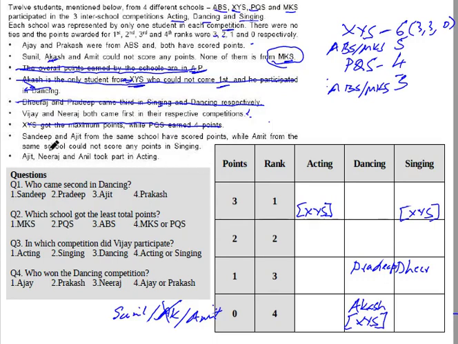Sandeep and Ajit are from the same school and have scored points, while Amit is from the same school and did not score any points in singing. So these 3 are from the same school, and they scored points, while Amit could not score any points in singing.